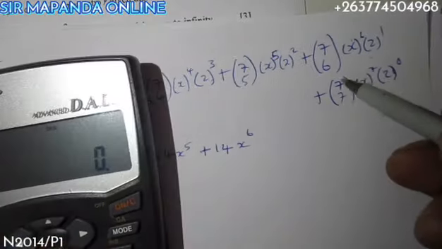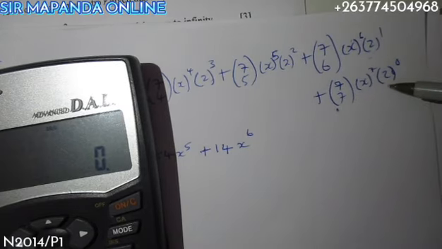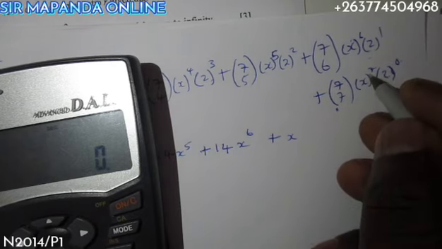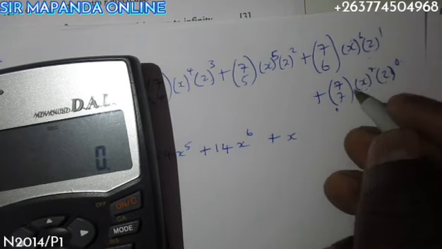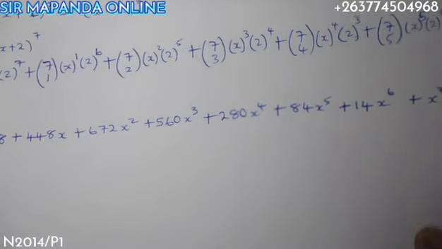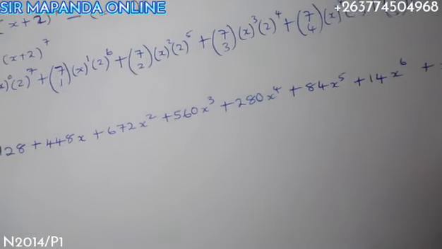Then lastly, 7 choose 7 is 1, 2 to the power of 0 is 1. So lastly, you'll be having x to the power of 7. So this is the answer for the first one.